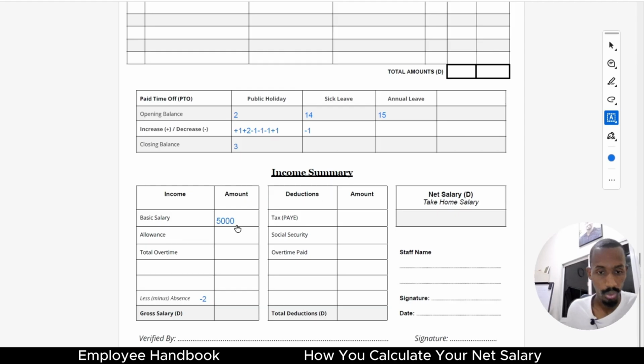Allowance is also where people's salaries differ. If you see someone's gross salary at Jollof being 10,000, it means their allowance is 5,000. If their salary is 25,000, their allowance is 20,000, because normally all of us have a basic salary pegged together. For me personally, my allowance is 20,000.